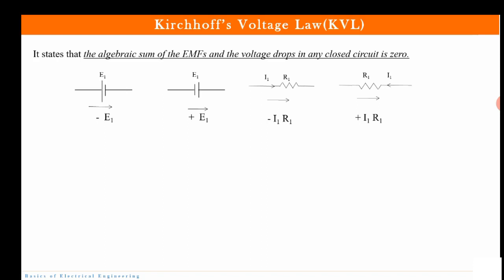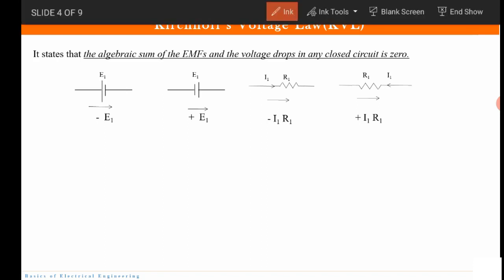But before that, as we did for current, we need to understand how to find the direction, because here the direction is very important. In current we understood how to take the direction of current. Here we need to understand how to take the direction of the EMF. Here you can see that this is the positive terminal and this is the negative terminal.